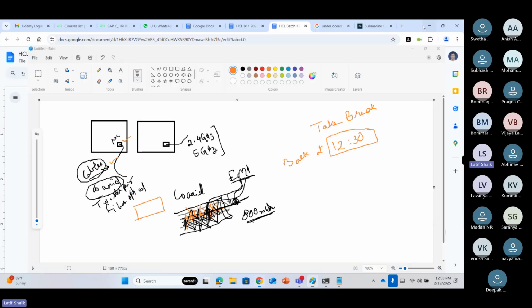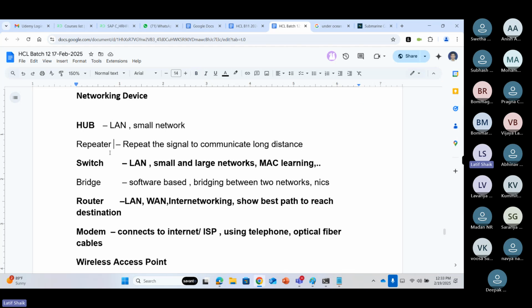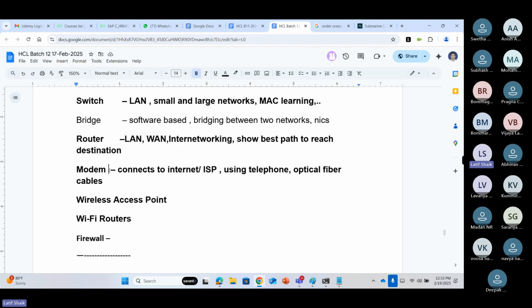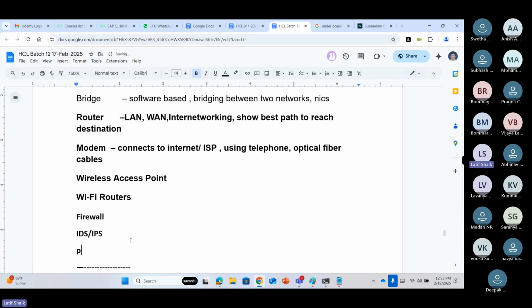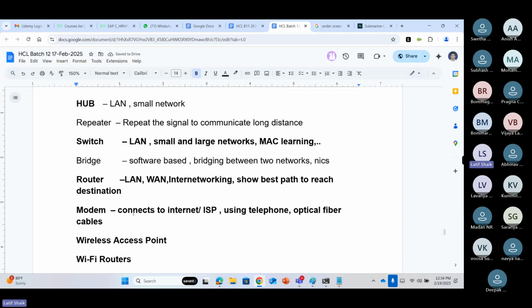Generally, hubs, repeaters, switches, bridges, routers, modems, wireless access points, your Wi-Fi routers, firewalls, IDS, IPS, proxy. I'm just adding them; later you can find out what they are.